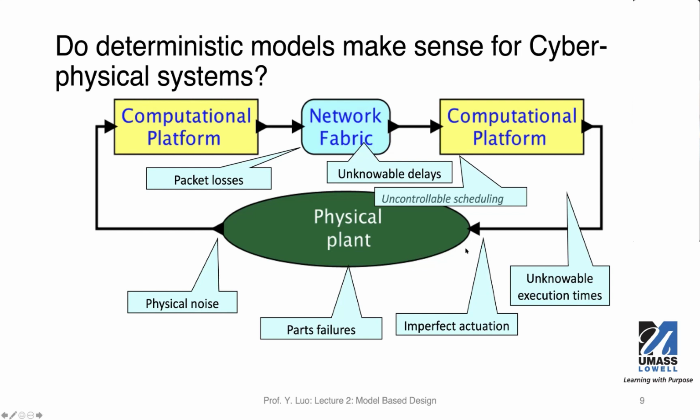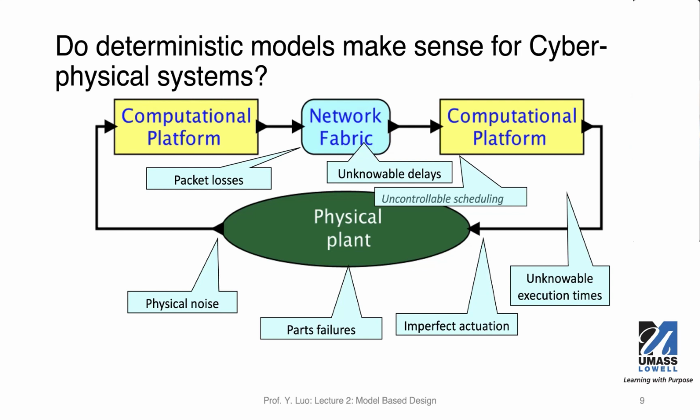And for the final control, there could be imperfect actuations of those machines. So we can see from this diagram that the deterministic model may not capture exactly what will happen in the real world. There are a lot of things that can go non-deterministic.